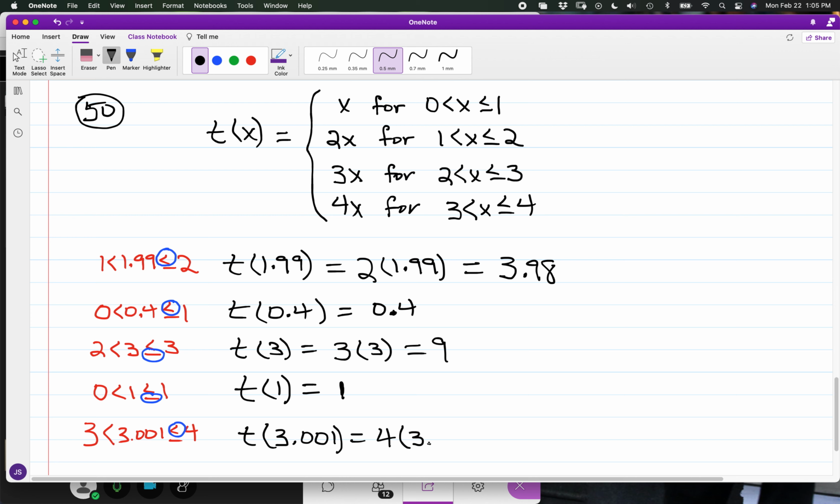In this case, t of x with x at 3.001 is equal to 4 times 3.001, and this comes out to 12.004. That will be the outcome for this remaining piece of the piecewise defined function.